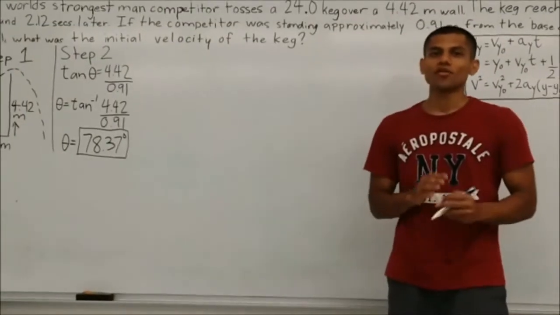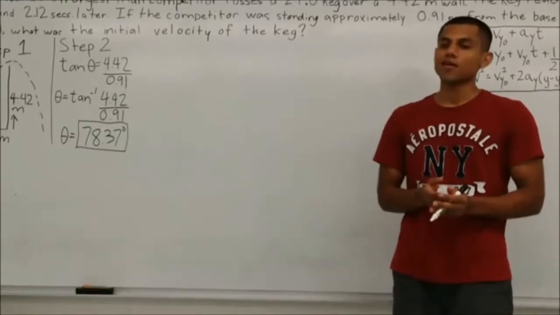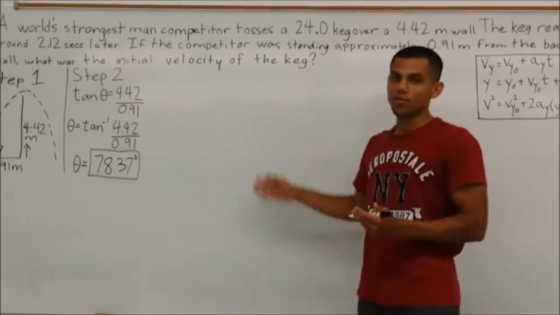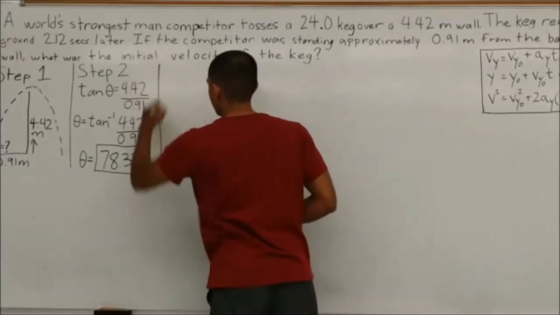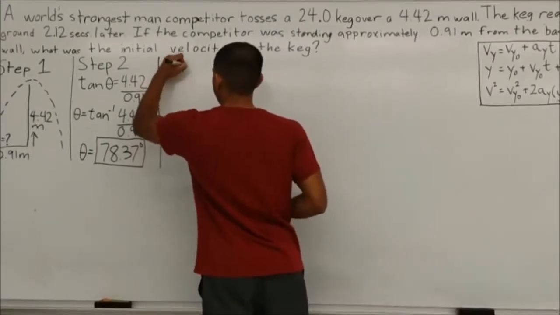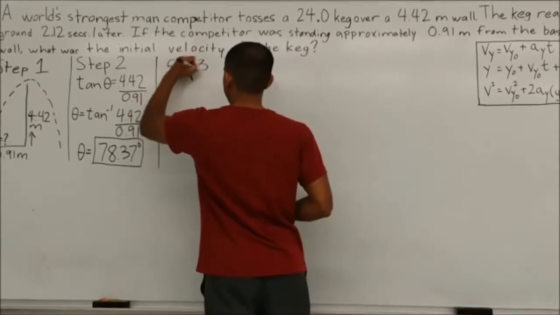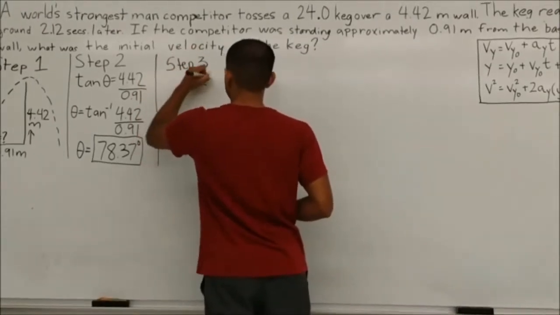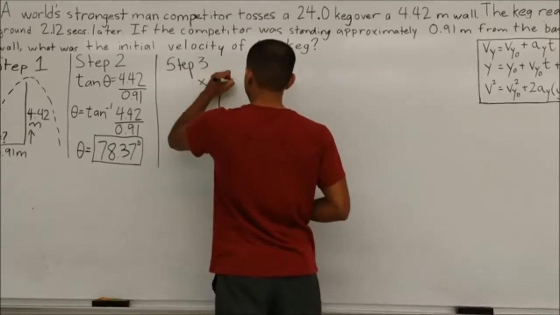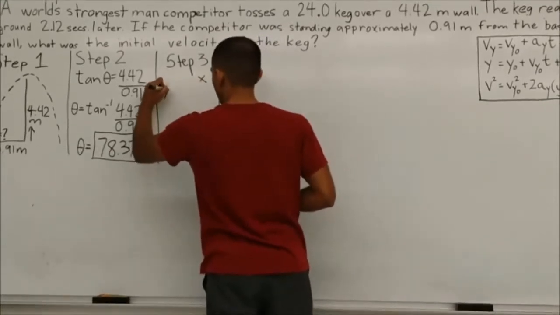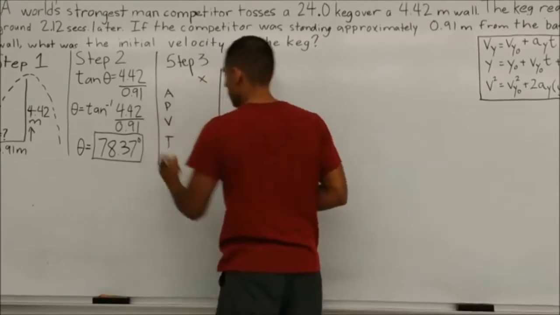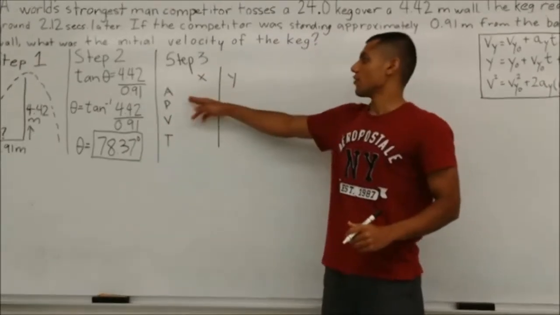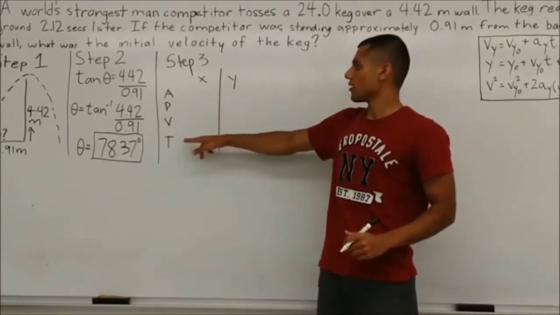So now that Joe has completed step 1 and 2, it's time to gather our information and put it in our X and Y table. So I'm going to start with acceleration, position, velocity, and time.